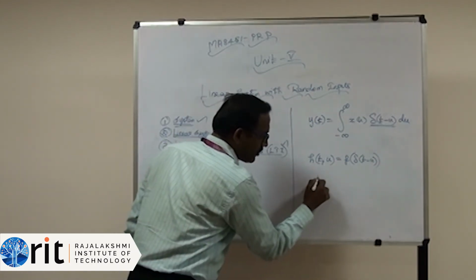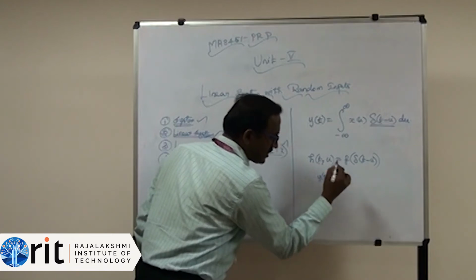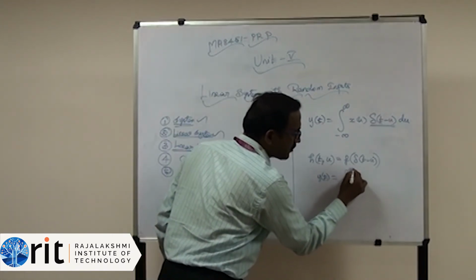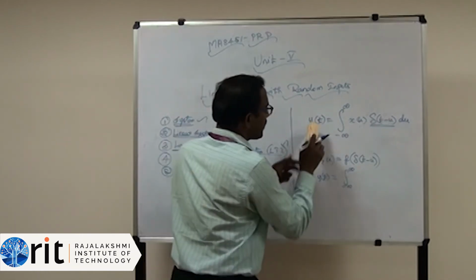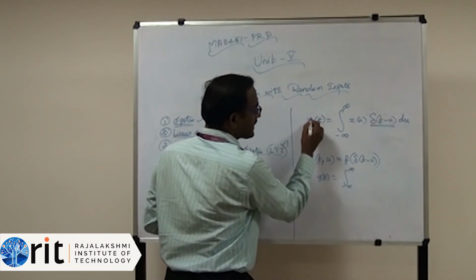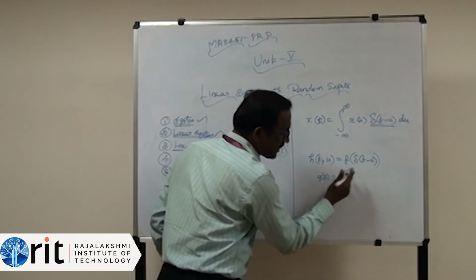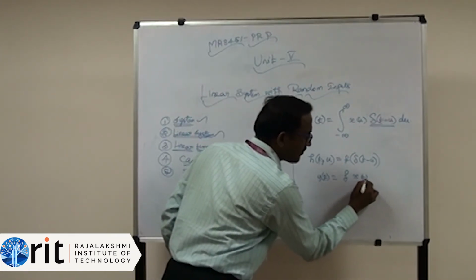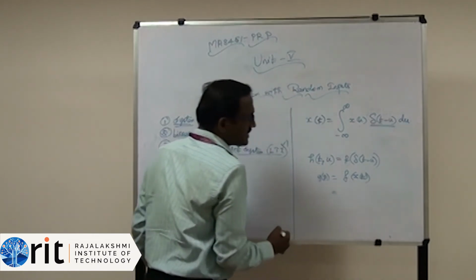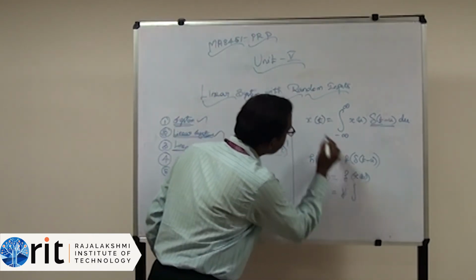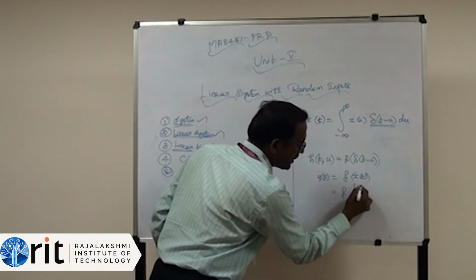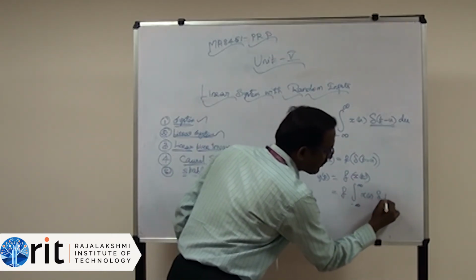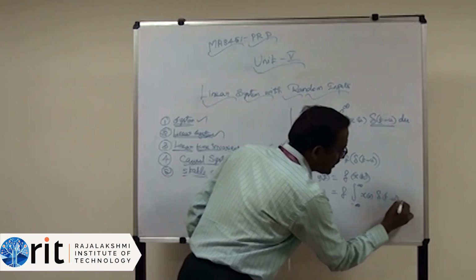Therefore the output function y of t, the system, is a function of the input x of t. That is equal to some function of the integral from minus infinity to plus infinity of x of u delta of t minus u into du.